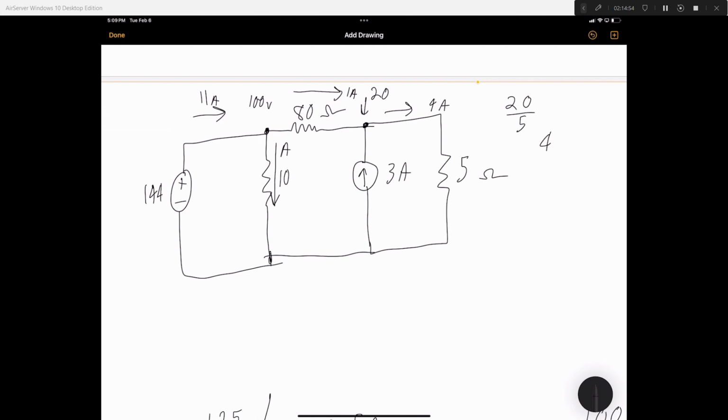I don't know what the number could be. Power generated at the 3 amp source. Can't figure that one out. And I'm going to conclude it there.